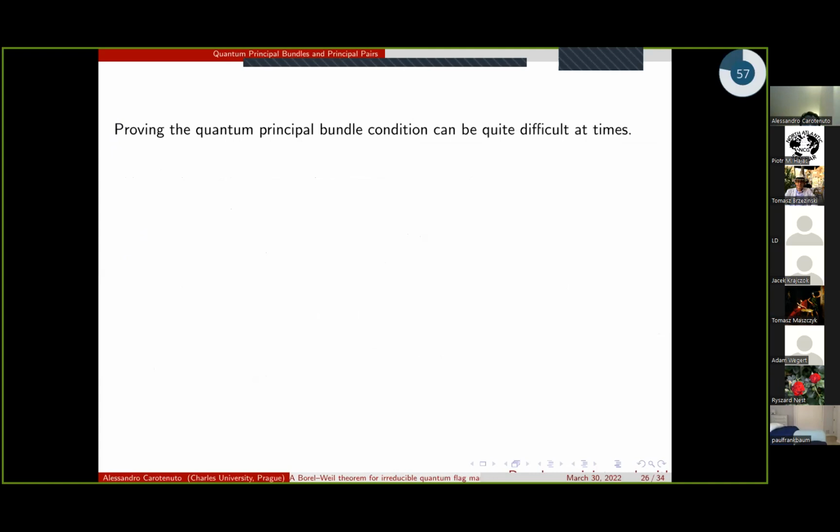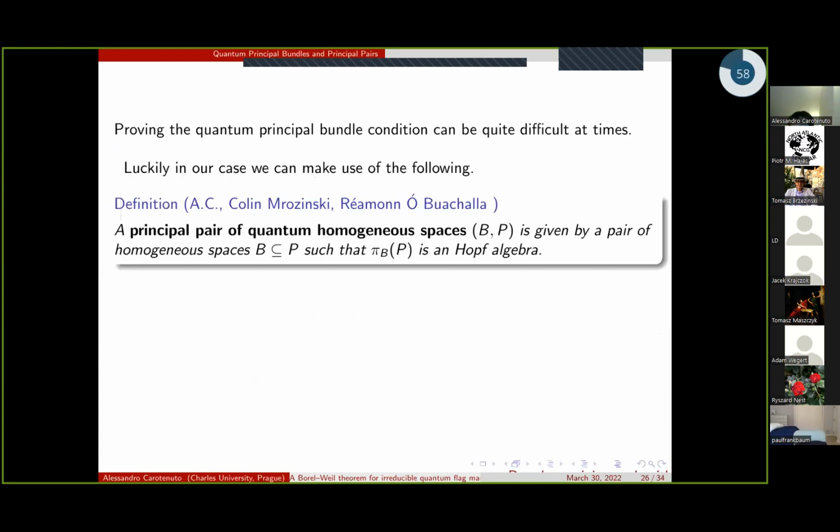As you see, proving the quantum principal bundle condition can be quite difficult at times, but in our context, I'm glad that Piotr pointed out that we have this context in which we have an intermediate homogeneous space, because this is exactly the context that we can generalize, and we did.